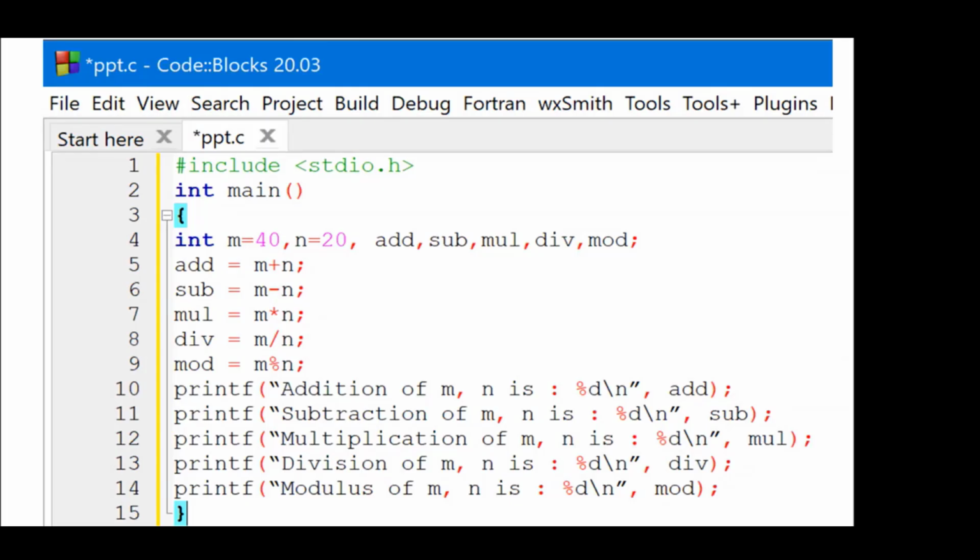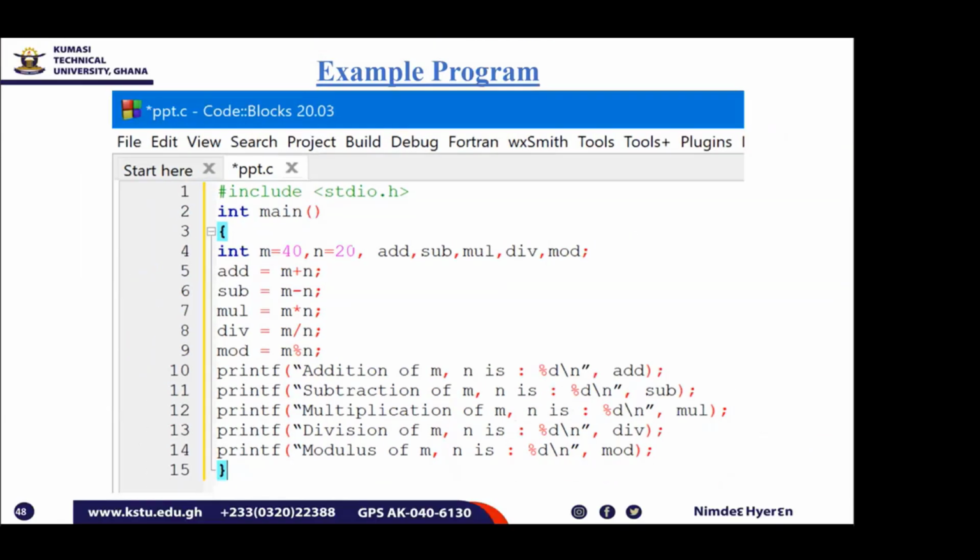Subtraction of m, n is. So when you look at line 10 through line 14, these are basically there to produce the various outputs. So if you have taken notice of that, this is how arithmetic operation is done in C.